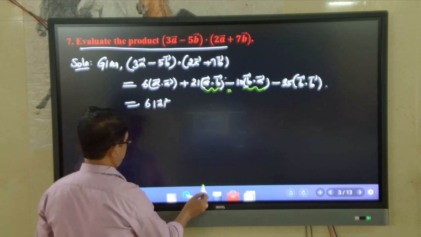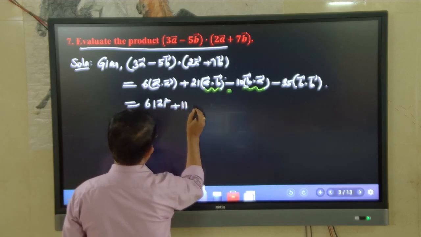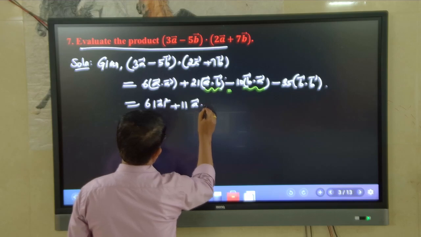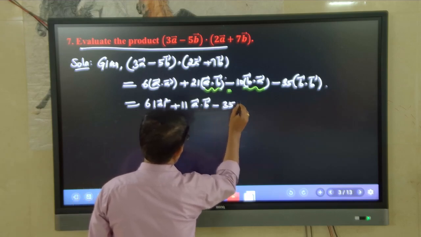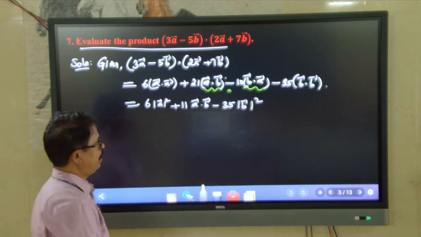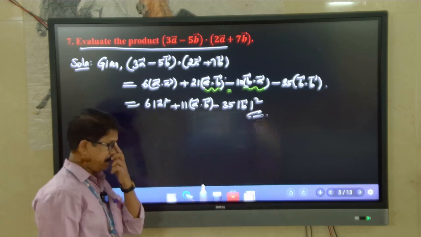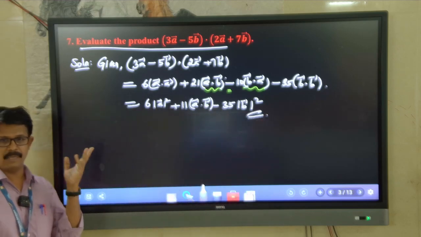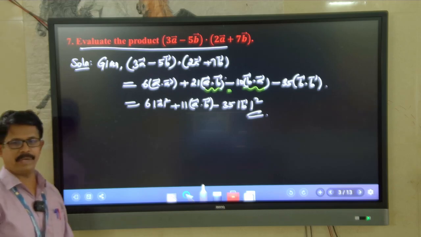Then here 21 minus 10 plus 11 a dot b vector minus 35 modulus of b vector square. That's it, nothing else. If they give any values of a and b, we can replace them, otherwise we are unable to change. Can I go to the next sum?